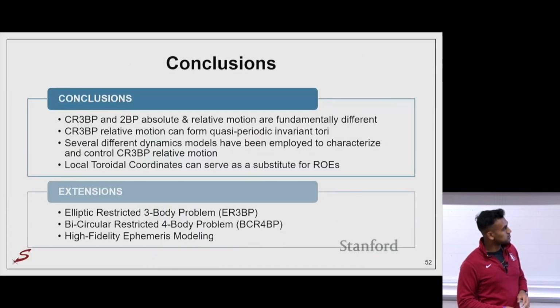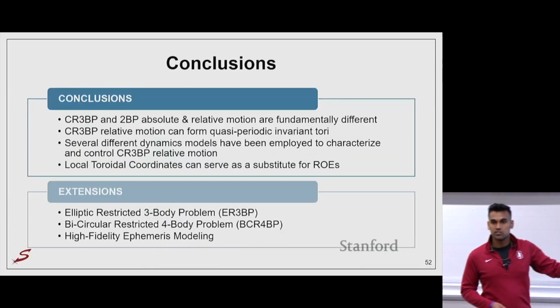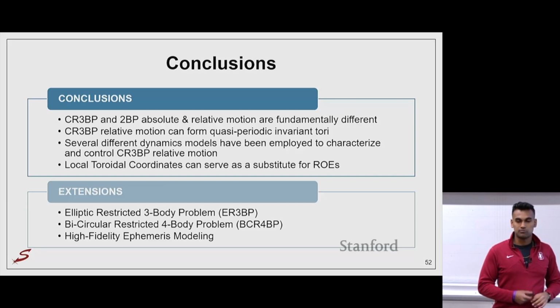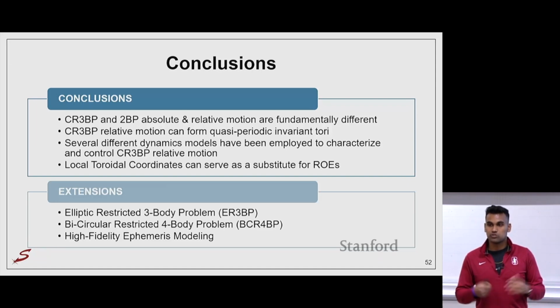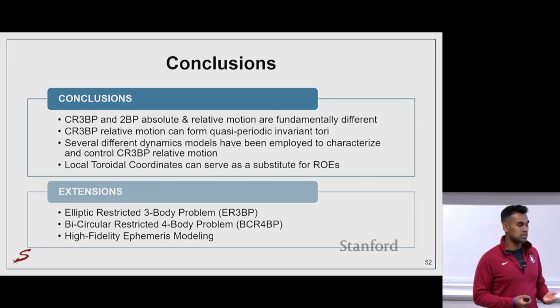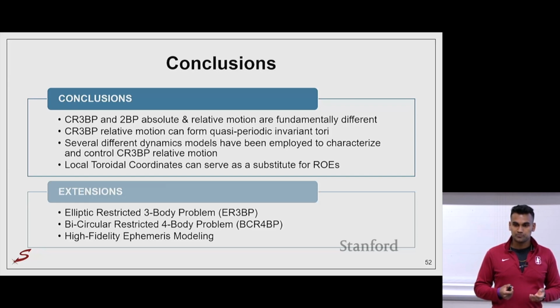And to wrap up with some extensions for where this relative dynamics and three-body problem could go in the future. Remember, the title of this lecture is Relative Dynamics in the Three-Body Problem, not just the CR3BP, because the key thing here is we want to be able to achieve the mission goal of operating distributed space systems in cislunar orbit or any other three-body system safely, effectively, and efficiently.